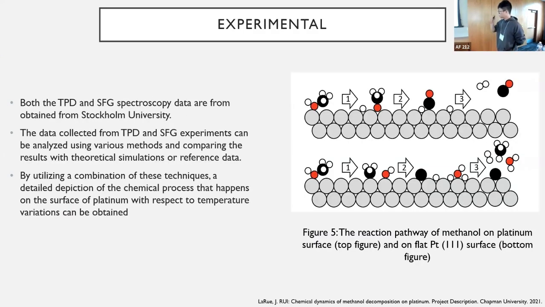So both of the TPD and SFG data that I have is mostly obtained from Stockholm University, since the USB chamber in Chapman is still in the process of troubleshooting.